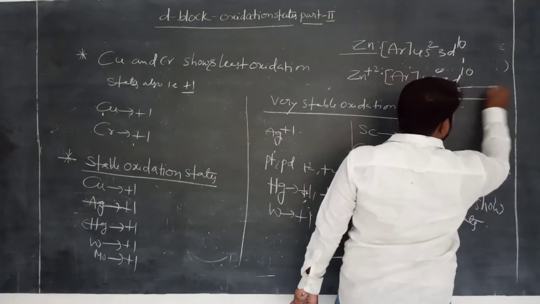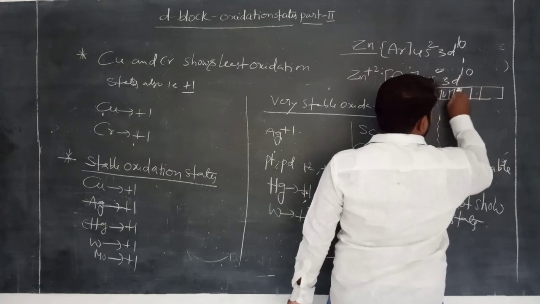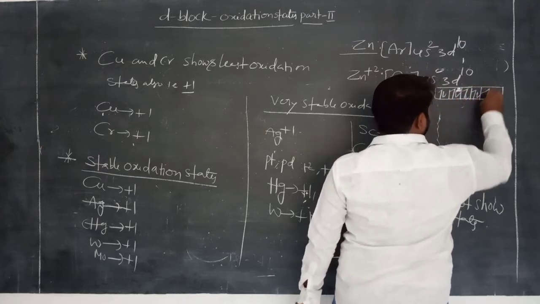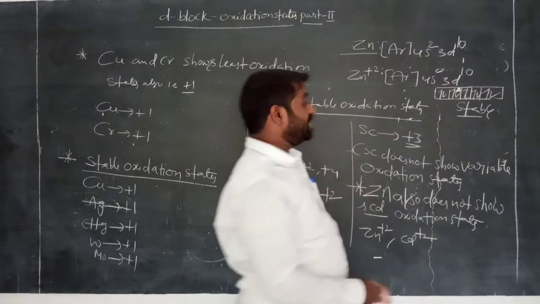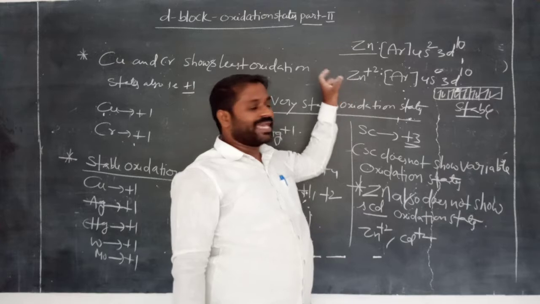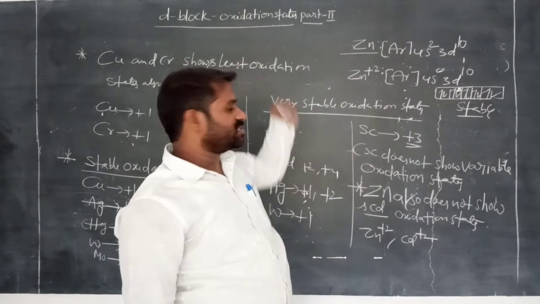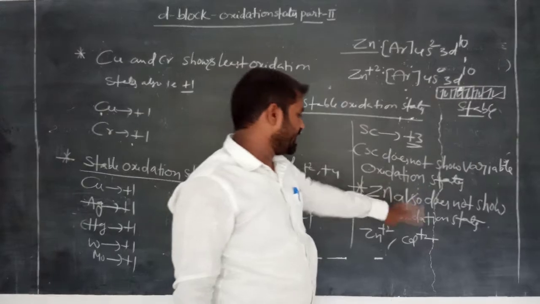This is a fulfilled d orbital, am I right? A fulfilled d orbital is more stable, so it is unable to lose more electrons. So Zn+2 is the stable oxidation state for zinc. It shows maximum Zn+2 only, so it does not show Zn+3, Zn+5 like that. So it does not show variable oxidation states.